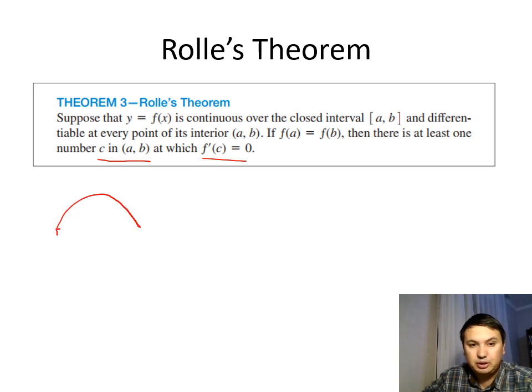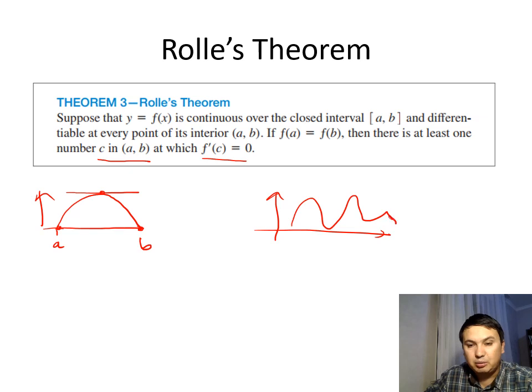So at the endpoints, here's my a, here's my b, right? So at the endpoints they are equal. Then we see that, for example, this slope is 0, right? So here the derivative is 0, or it might be something like this, right? Where my a could be here, b could be here.